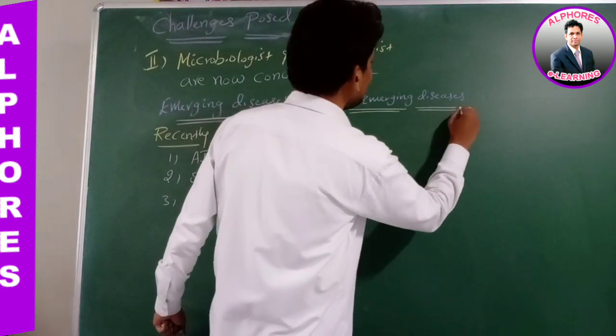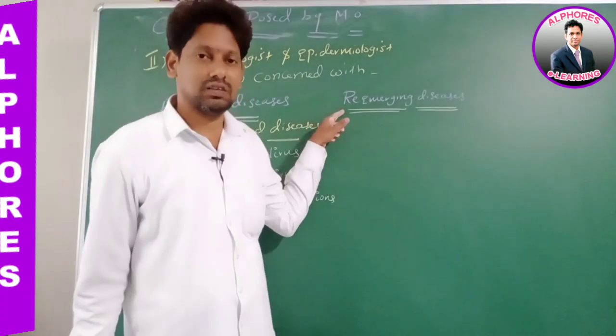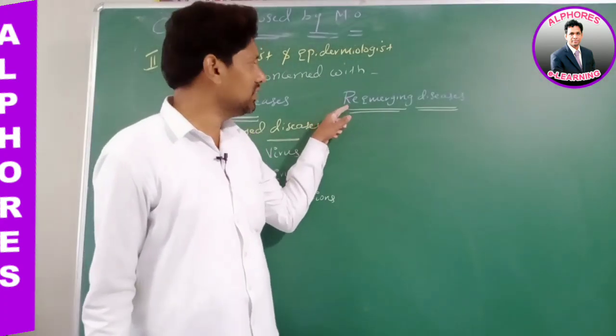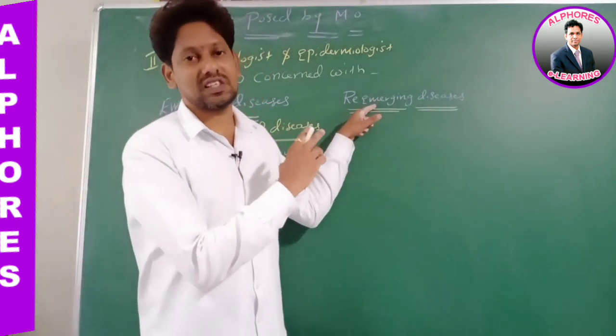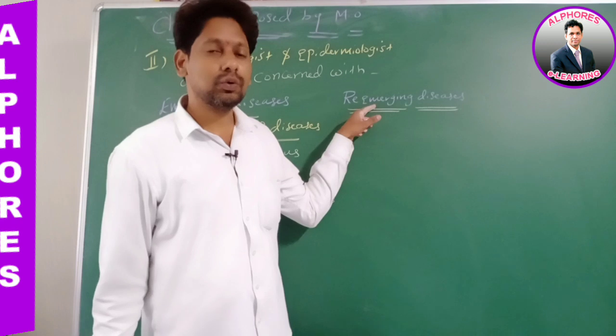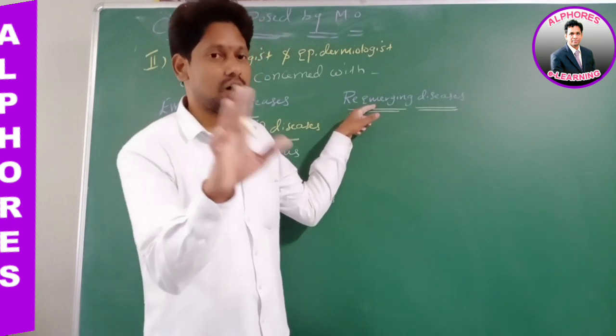What are re-emerging diseases? Now listen here. The name itself indicates re-emerging. In the past, these diseases were there, but due to some reasons the appearance of the diseases stopped.